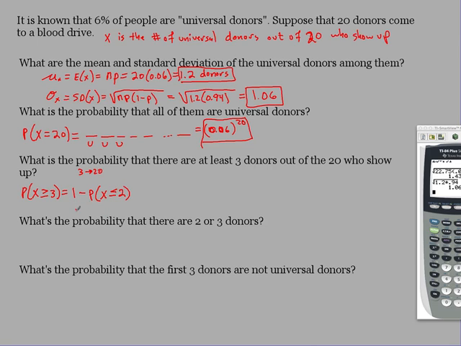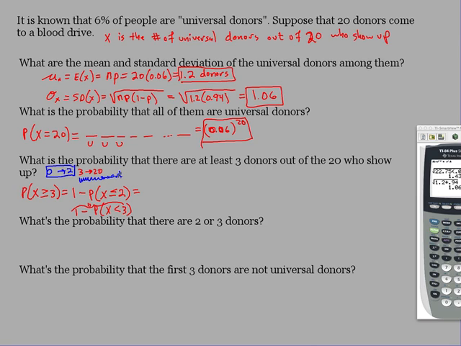This could also be written as the probability that x is less than 3. It could be written either way. These two things mean the same thing. Okay, so hopefully you see why I picked 0 to 2, because that's the complement of 3 to 20. 0 to 2 is the complement of 3 to 20, and this is what I want.